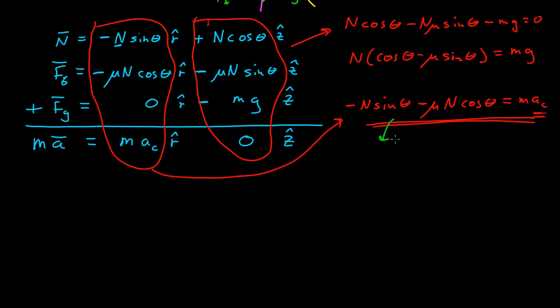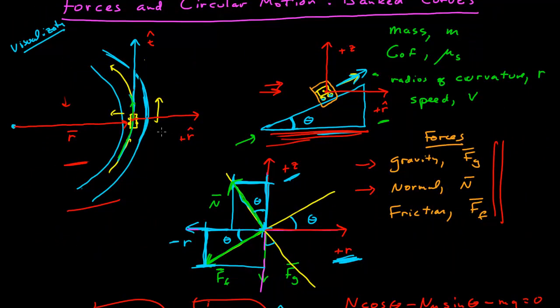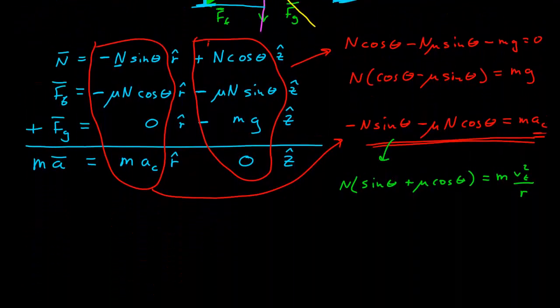So given this, I'm going to factor out n, and I get n times (sine theta plus mu cos theta) is equal to m v tangent squared over r, where v tangent is the speed of this object and r is the magnitude of the radius of curvature of the road.